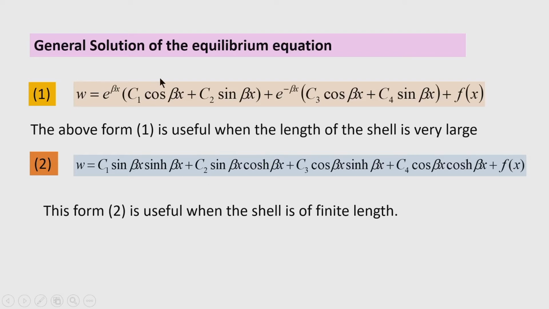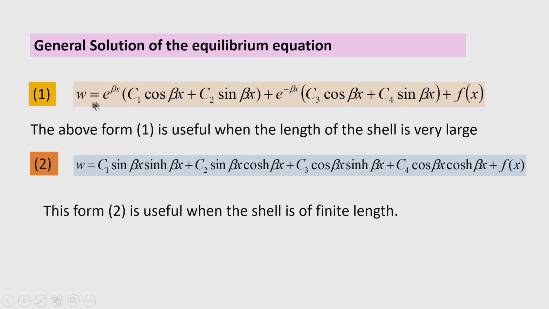The general solution of this equilibrium differential equation has been found, and it can be expressed in two forms. One form contains the exponential term and the sinusoidal or cosine functions.